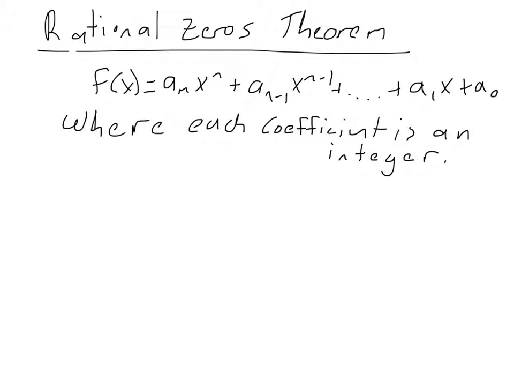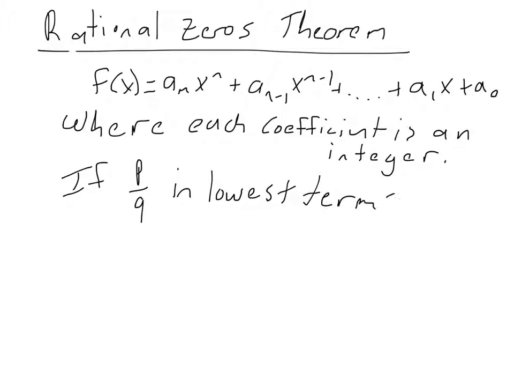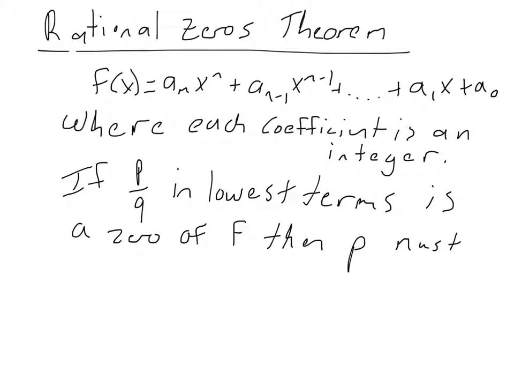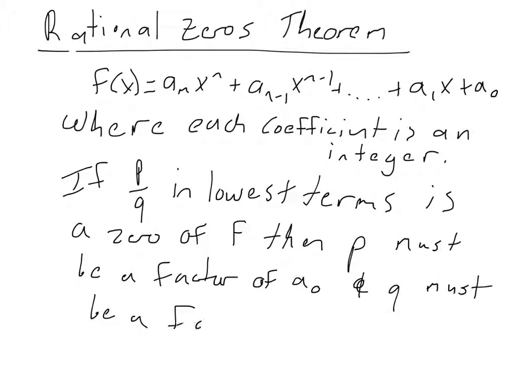If that's true, if P over Q in lowest terms is a zero of f, then P must be a factor of a naught, and Q must be a factor of a sub n.